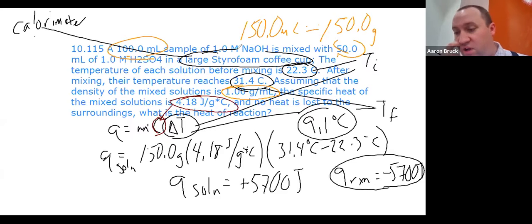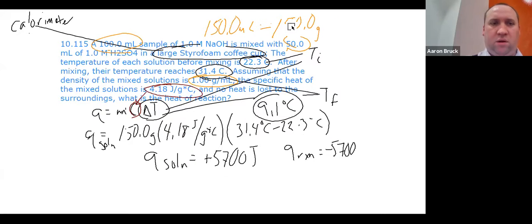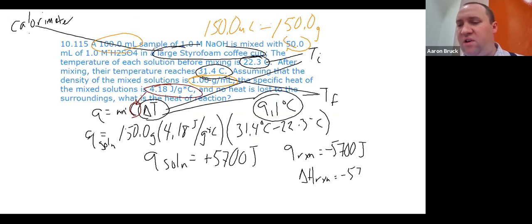So negative 5,700 joules would be the appropriate response. And since Q of reaction is the same as delta H, we could also say that the delta H of reaction is negative 5,700 joules as well.